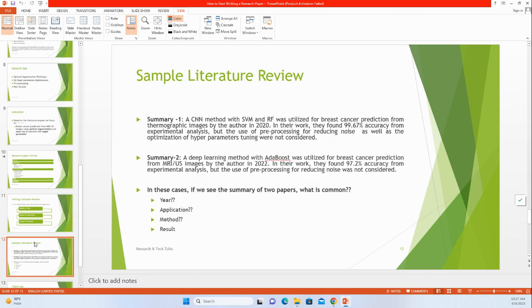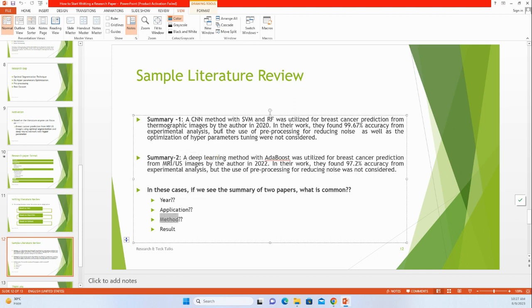So here, look. I have two papers and a summary of them. In this case, if we see the summary of the two papers, what is common? The year: this one is 2020 and this one is 22, so this is not similar. Application: one is thermographic images, another is MRI and ultrasound images.